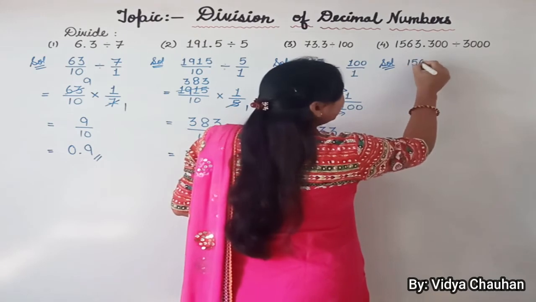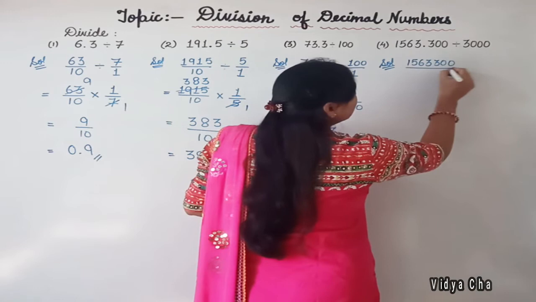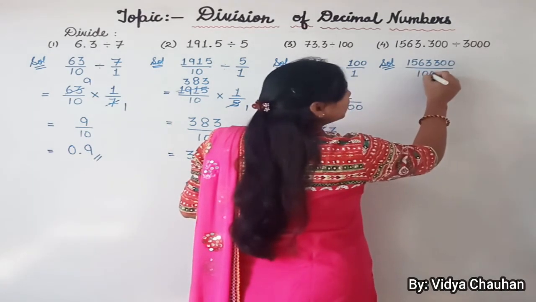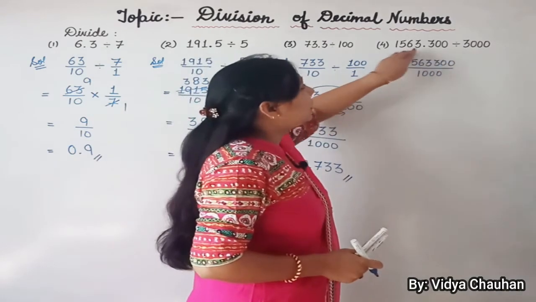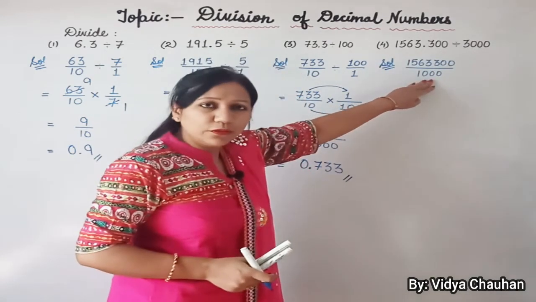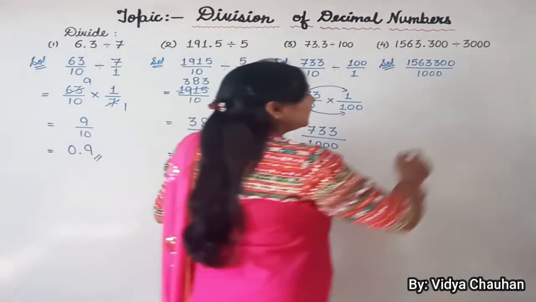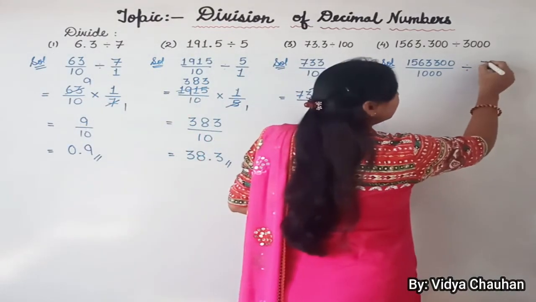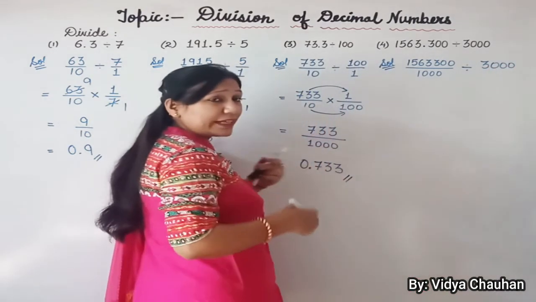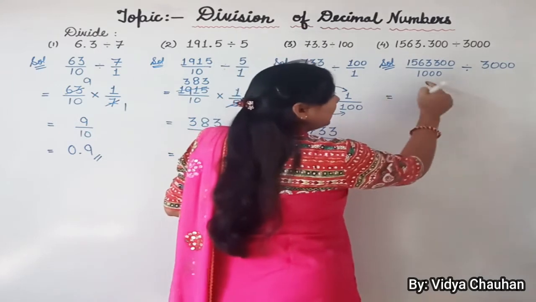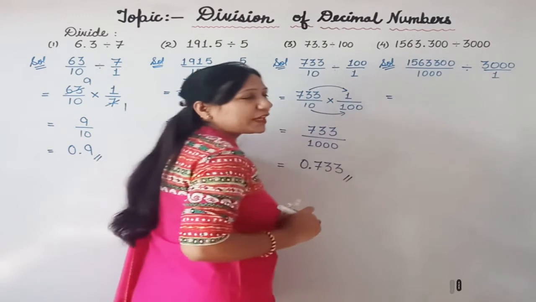So 1563300 upon 1000. So what I have done? I have simply converted the number into its fraction form, as we have done in our previous questions also. Then divided by 3000.